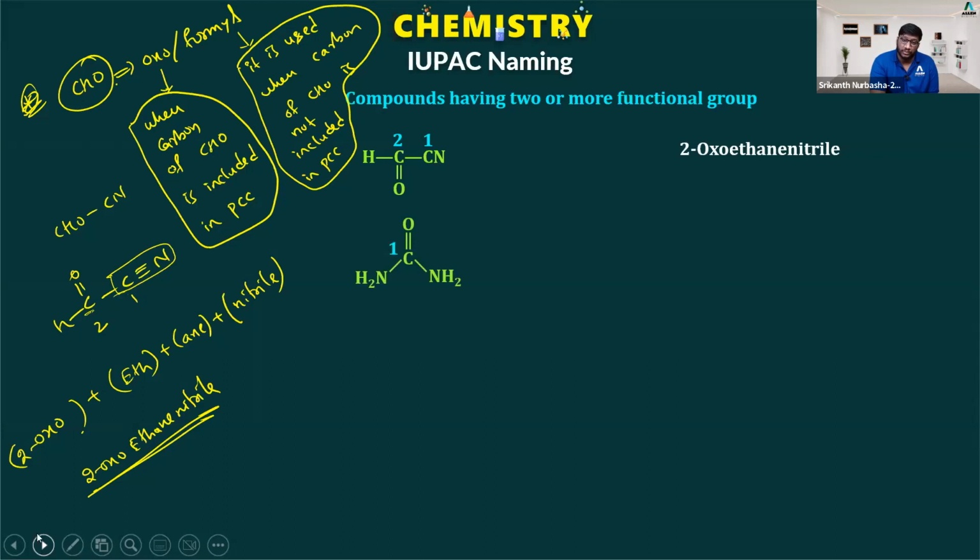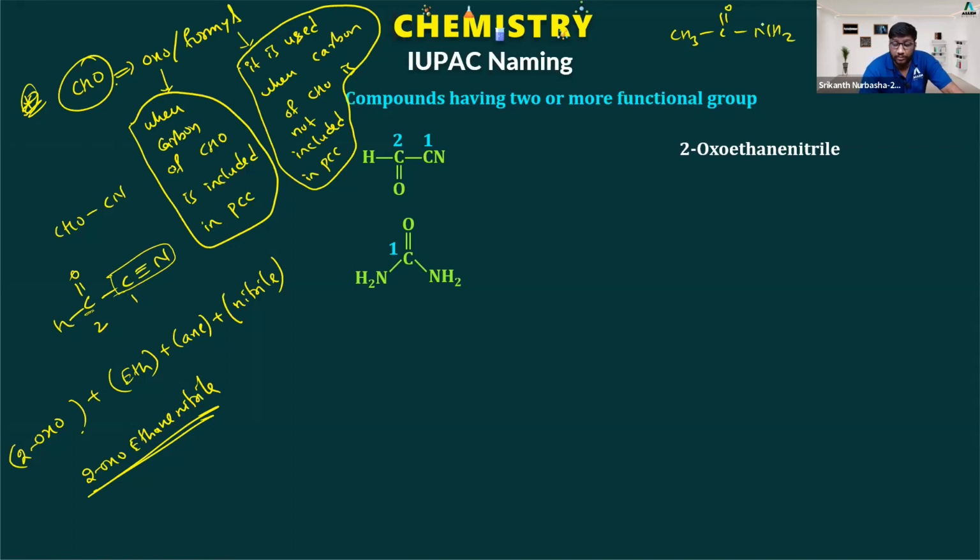NH2 C double bond NH2. What is the name of this compound? CH3 C double bond NH2, we have already named this. 1, 2, CH3 C double bond NH2.